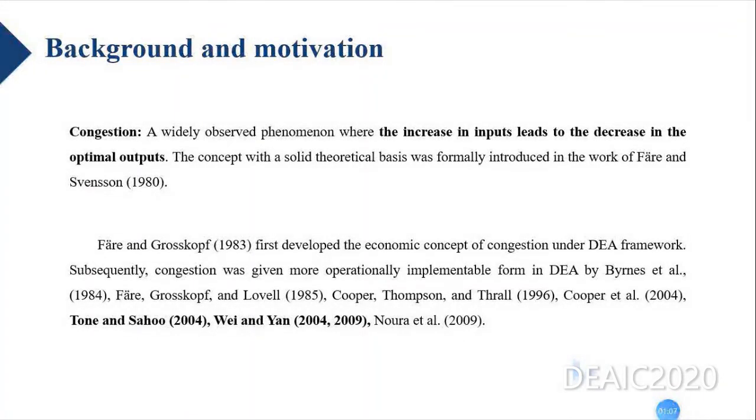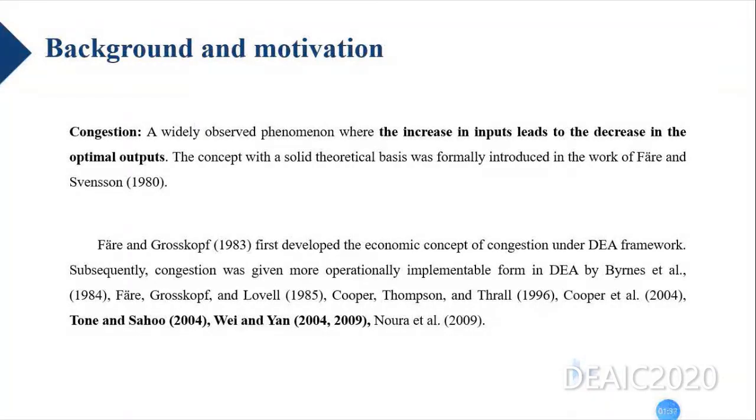A typical example to explain congestion is the overcrowding of miners in an underground mine, where the amount of mineral excavated will be decreased. In the original research, the concept of congestion was developed based on the production function with single output.